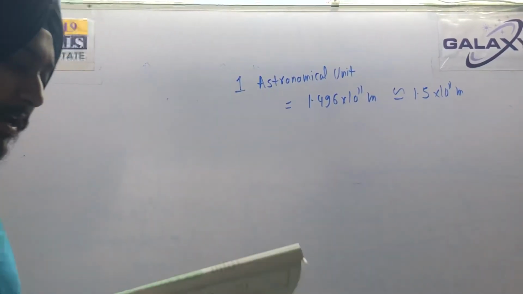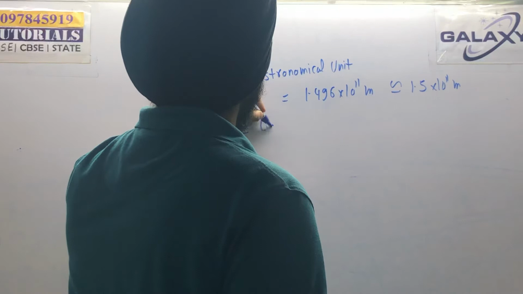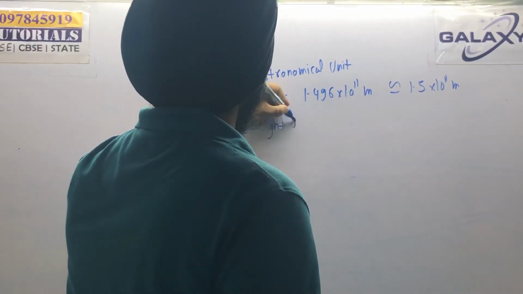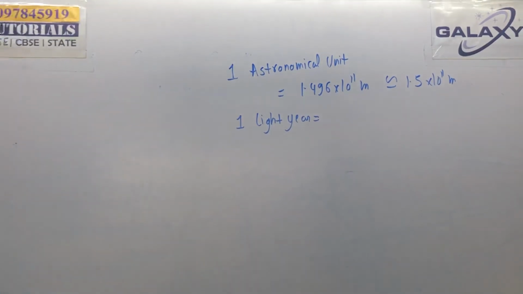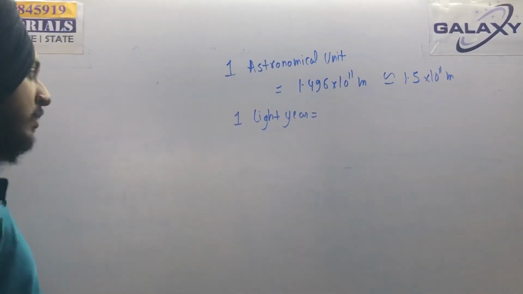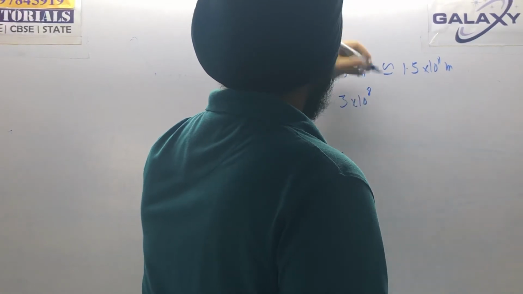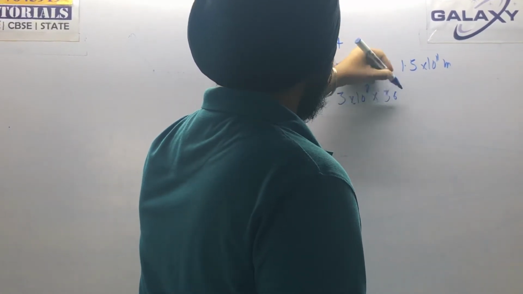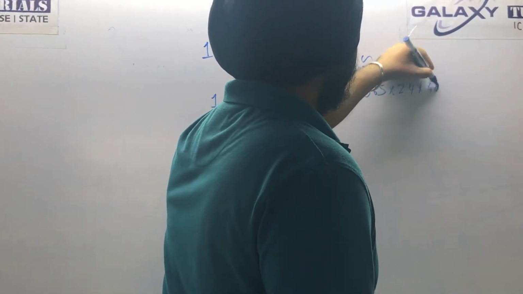Next thing is light year. How do you find the value of 1 light year? It is the distance traveled by light in 1 year. So speed of light is 3 into 10 raised to the power 8, into 365 into 24 into 60 into 60.